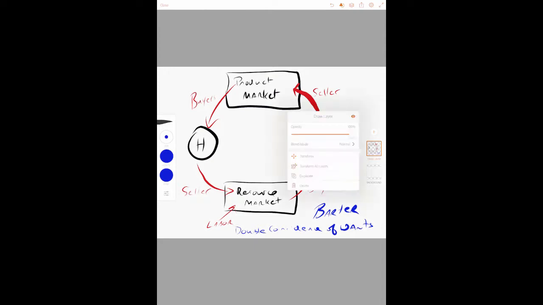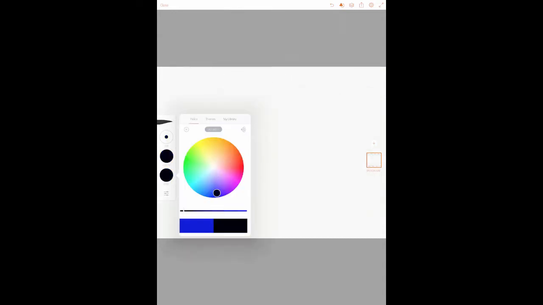So let's take a look at a new and improved model, by just changing a couple of things, or really just adding one thing. Here's our household, here's our firm, here's our product market, and here's our resource market.